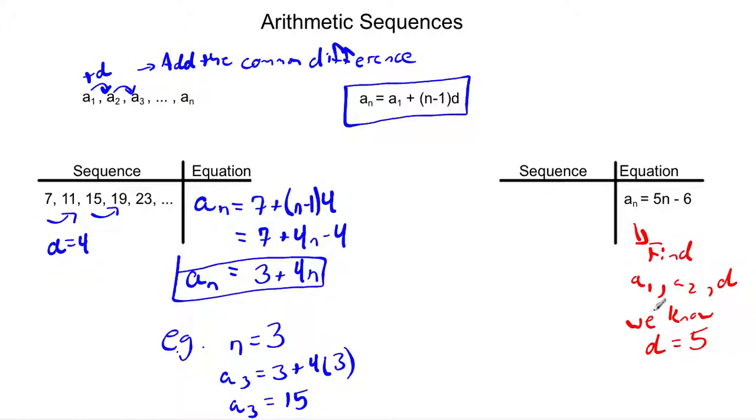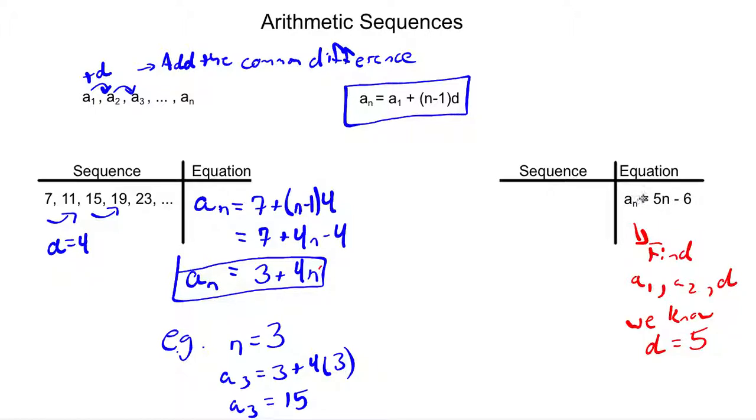Why do we know that? Well, because that's the coefficient for n. Right? Look back at this example. What were we adding each time? 4. And that's what the coefficient for n was. So for this, we have 5 as the coefficient for n.